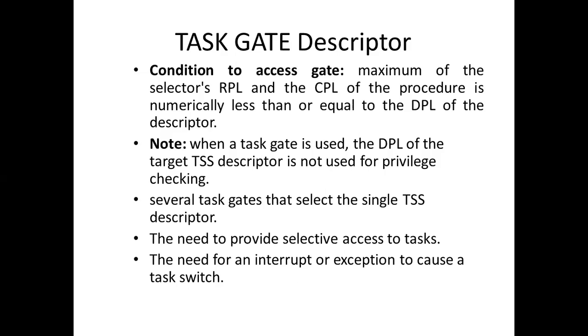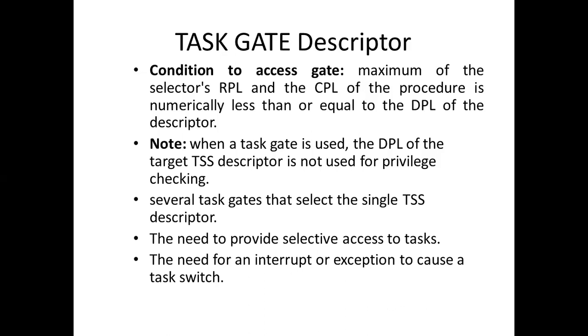When a task gate is used, the DPL of the target TSS descriptor is not used for privilege checking. When a DPL is used, TSS descriptors are not used for privilege checking. Several task gates can select the single TSS descriptor, giving the need to provide selective access to the task, the need for an interrupt or an exception to cause a task switch.